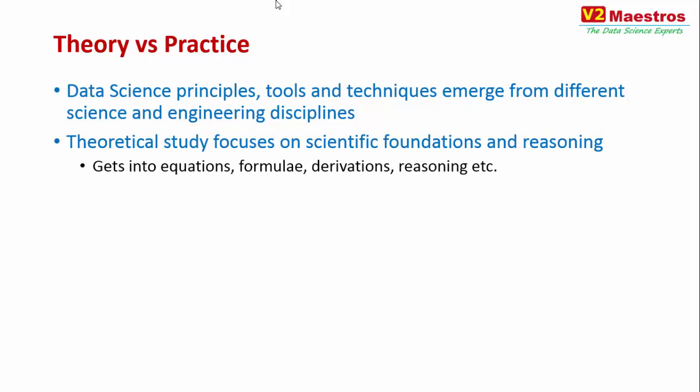The theoretical study of data science focuses on the scientific foundation and reasoning of the various machine learning algorithms. It focuses on trying to understand how these machine learning algorithms work in a deep sense and to be able to develop your own algorithms and your own implementation of these algorithms to predict real world problems. This one dwells into a lot of equations, formulas, derivations, and reasoning.